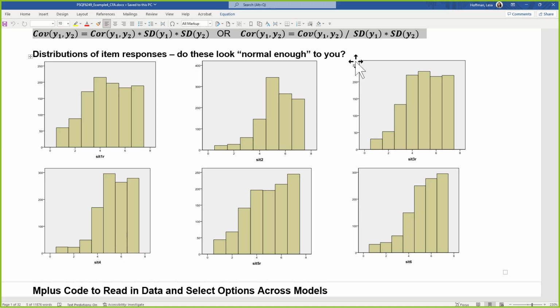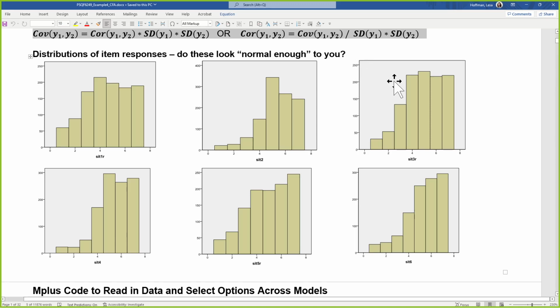The residuals are supposed to be normal. But in this context, if the only thing that is predicting these item responses is a latent factor that's supposed to be normal, and the E's are supposed to be normal, when you put the normals together, that's a normal. So marginally, your item responses should be normally distributed for this model to be appropriate.